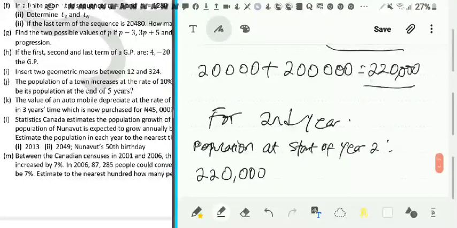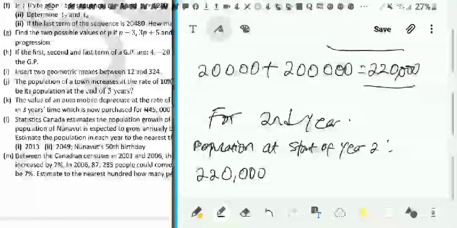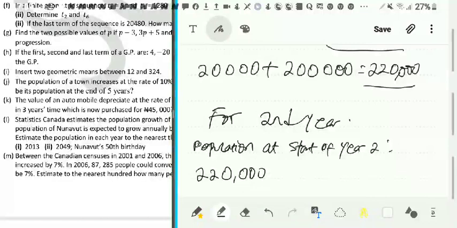What they ended with last year, maybe December 31, was 220,000, then January 1st of the next year it will be 220,000. And this population is increasing by 10% of the population of the current year. They did not say 10% of only the first year. They said it is increasing 10% of the population every single year. So if it is 300,000 this year, it increases 10% of 300,000, that's 330,000 at the end of the year. If it is 500,000, it increases by another 10% at the end of the year.